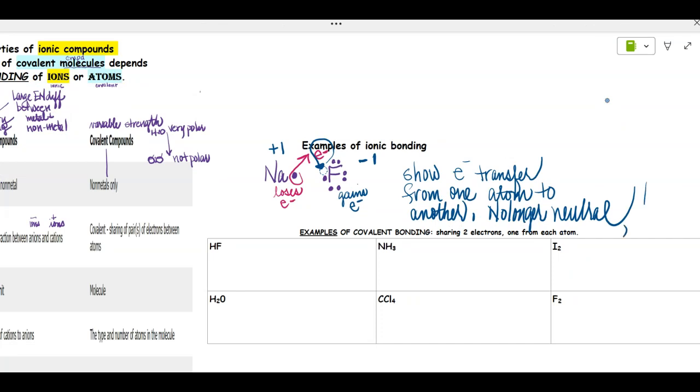That's what ionic bonding is, a transfer of electrons generating ions. So now this is the sodium ion, and this is the fluoride ion. They have opposite charges, and that's what the ionic bond is made of.